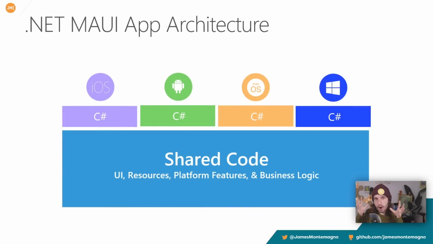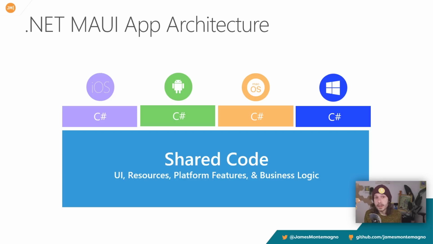But this is what the architecture of a .NET MAUI application looks like. Now, the big important part is that bottom piece. This is your shared code base. Now, these are things that are going to be common and shared 100% across all of your applications on the platforms in a .NET MAUI application. So this includes your user interface, 100% shared across all these platforms.